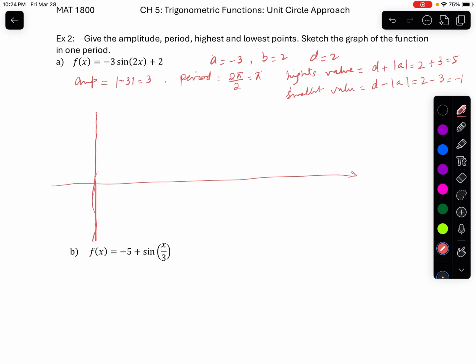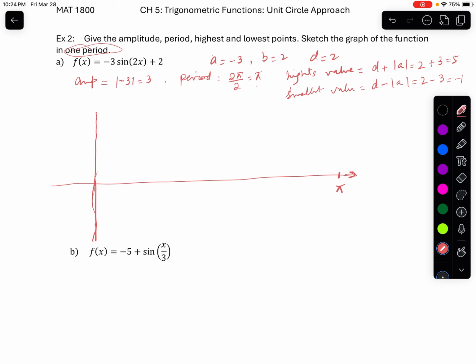Also it says sketch the graph of the function in one period. Okay, so this is how you should do it. The period here is pi. So take a big leap, however big you can go. For example, over here I will put the period, which is pi. I'm not going to put 2 pi anywhere because one period is pi, 0 to pi.